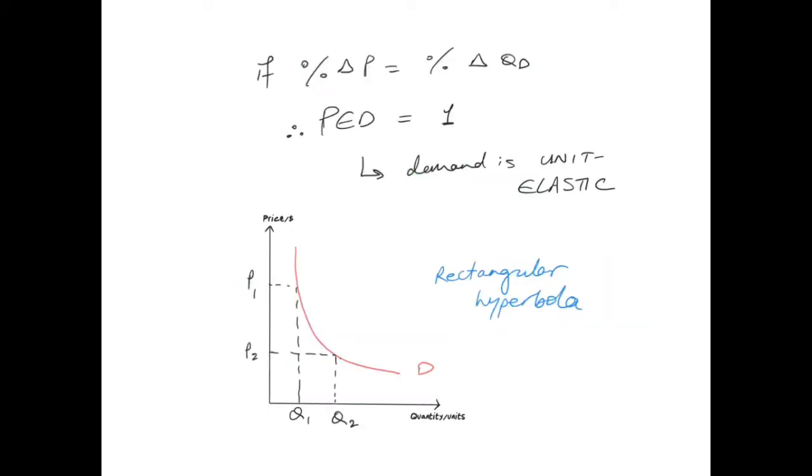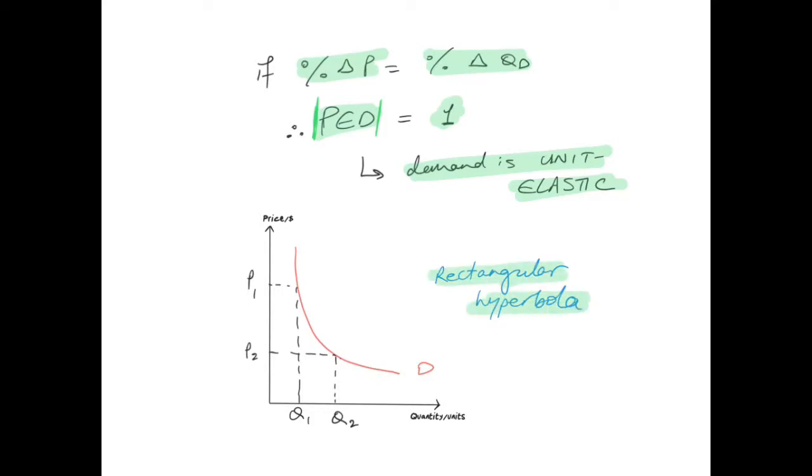The last case is, what if the percentage change in price is equal to the percentage change in quantity? If you divide them, this will give you an absolute value of PED. So again, the absolute value will be equal to 1. Here we say demand is unit elastic. There is unitary elasticity. This results in a rectangular hyperbola. Okay?